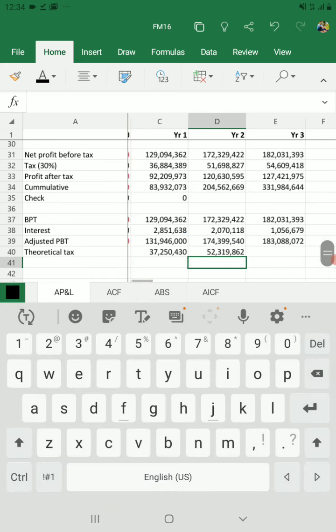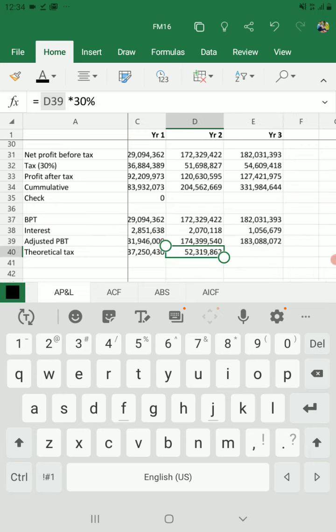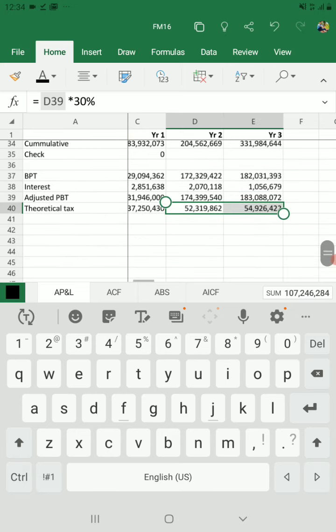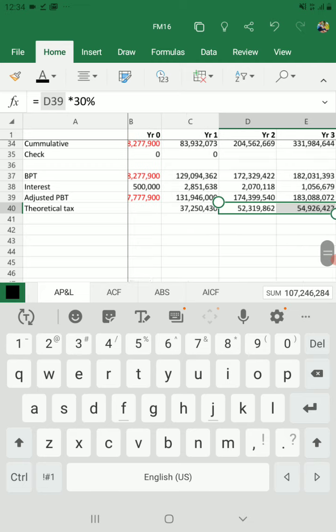So that is our tax figure for year 2, and this one is going to be true for year 3 also. So I tap to fill this to year 3. So we have our theoretical tax figures. These are the tax computed on profit before tax, which is gross of interest payments. Okay.